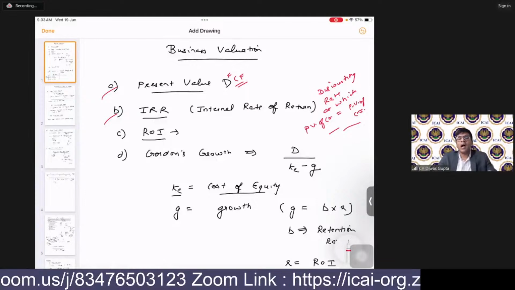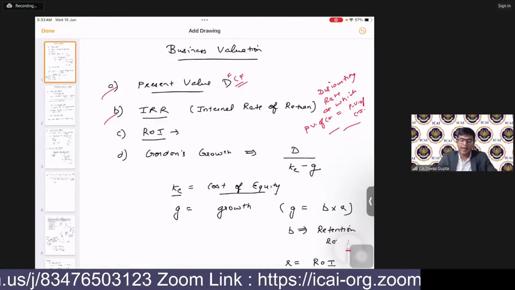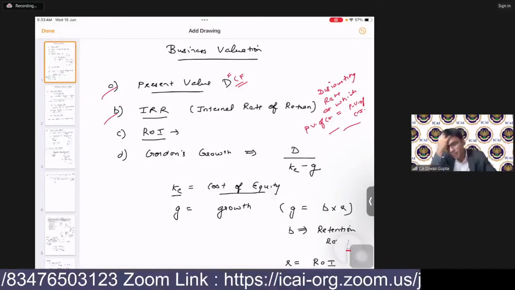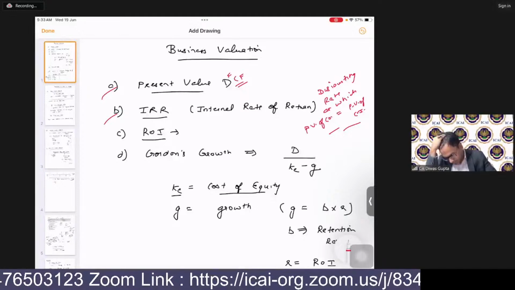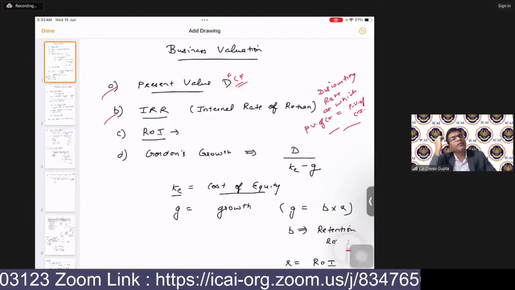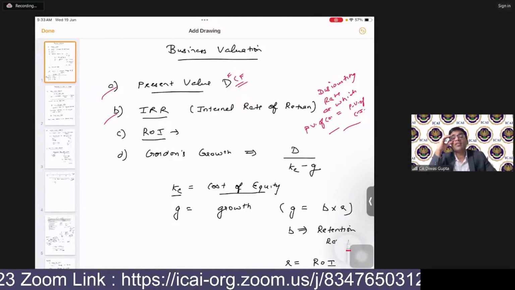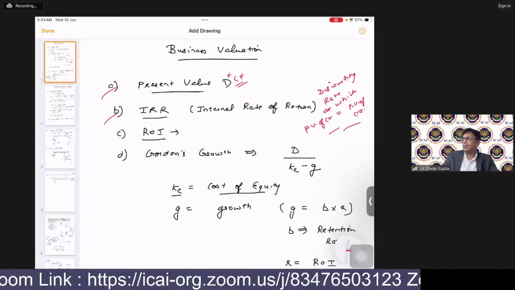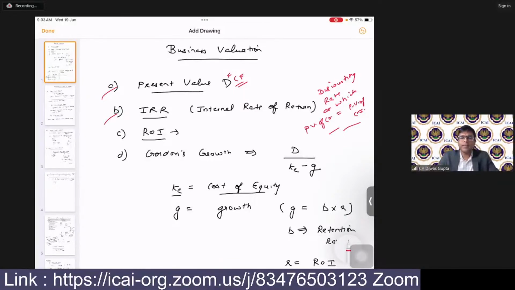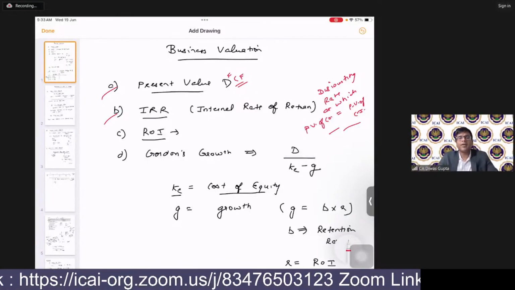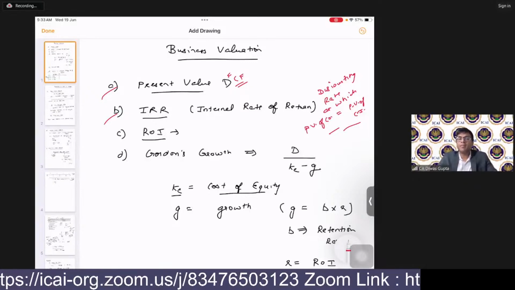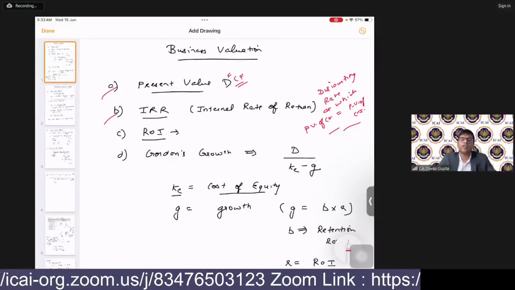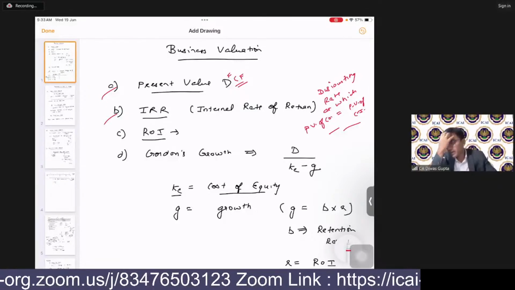Now, the higher the IRR, the better the project is, because it will give you a higher return. Internal rate of return means it will give you a higher return, students. Then ROI. ROI is simply your return on investment. Whatever amount you have invested, whatever return you are getting on that becomes your ROI.